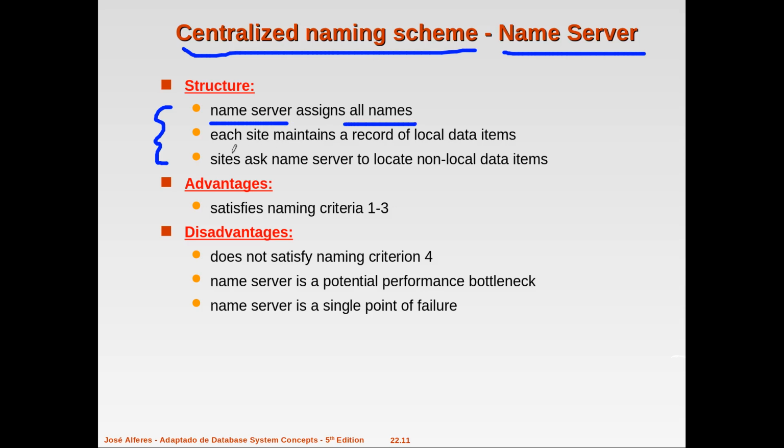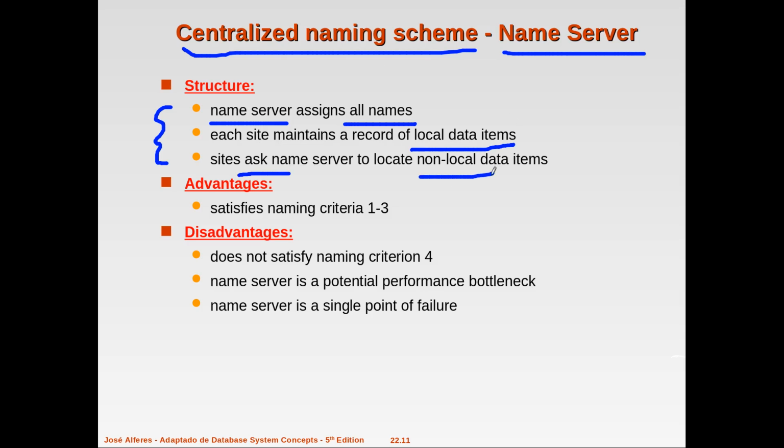Also each site maintains a record of the data items present in that particular site. So the local data items' details will be recorded by the same site where those data items reside. Similarly, the different sites will ask the server to locate the non-local data items.